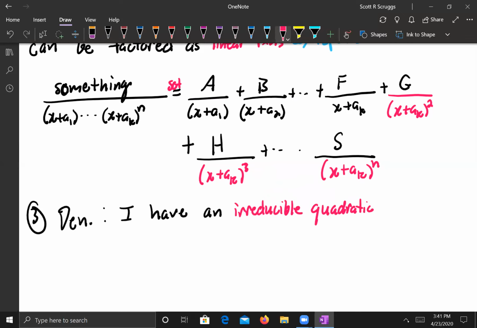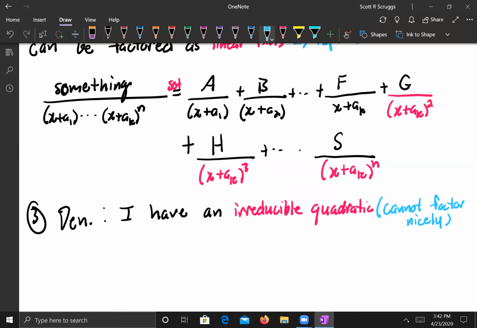What I mean with the irreducible quadratic means I can't factor it in a nice way. So, cannot factor nicely.